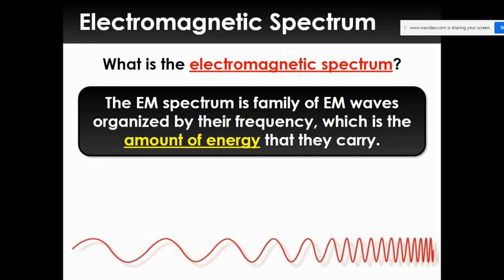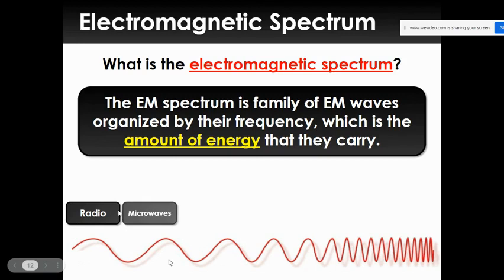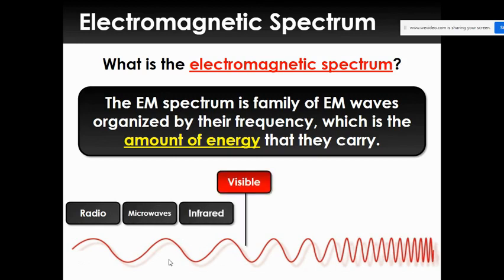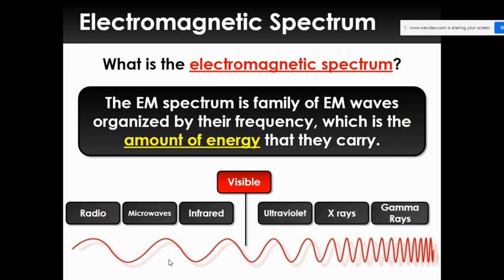The EM spectrum is a family of electromagnetic waves that we, as humans, have classified into 7 groups. And they're based on the amount of energy that they carry. So long wavelengths are low energy, short wavelengths are high. We start with the longest wavelengths. These are radio waves, followed by microwaves, infrared, visible light, ultraviolet, X-rays, and finally gamma rays.